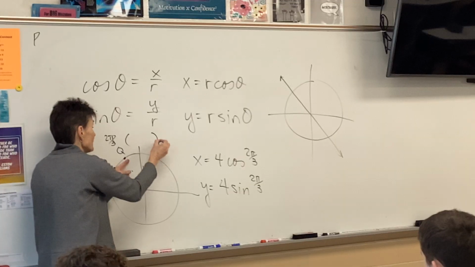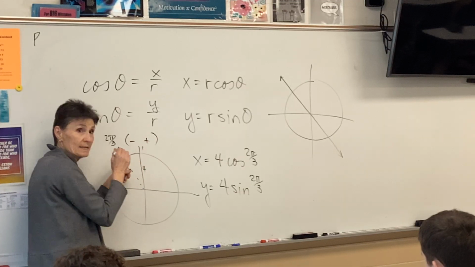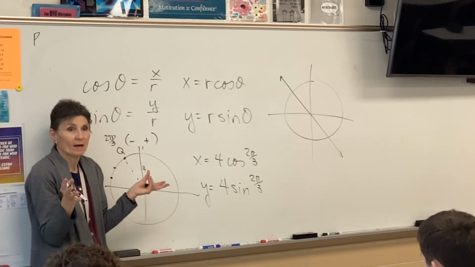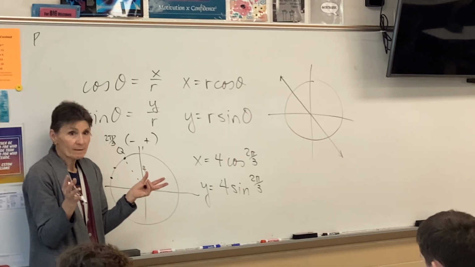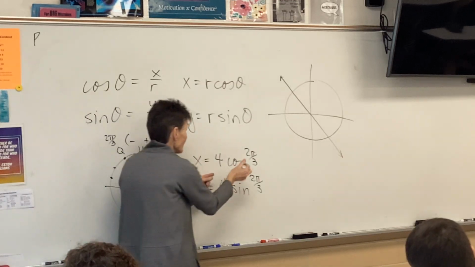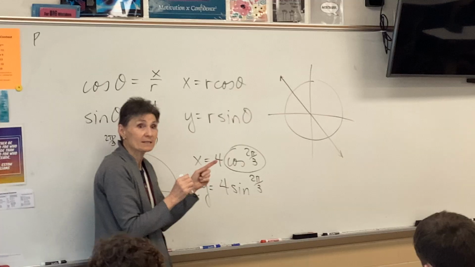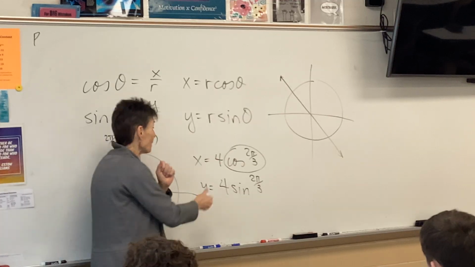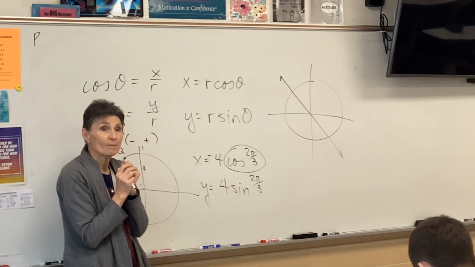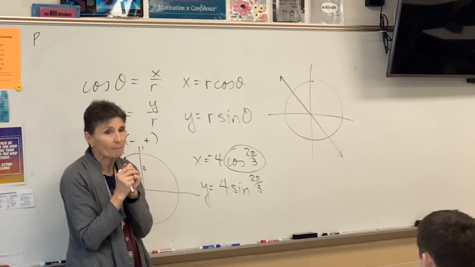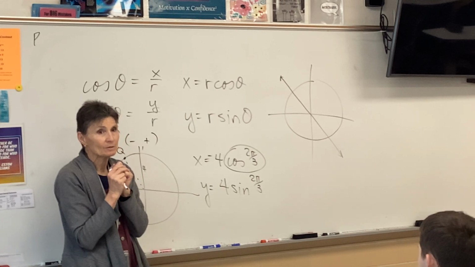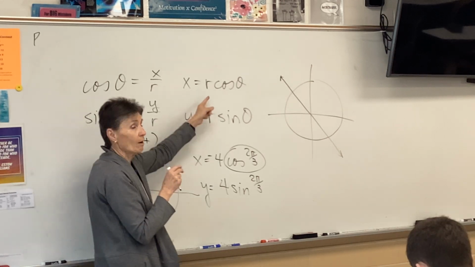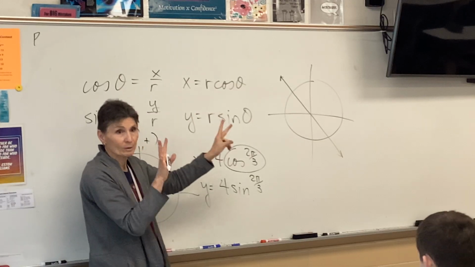The coordinates in this quadrant are negative, positive, by virtue of being in that quadrant, right? So if this is already negative because it's in that quadrant, and I put a negative out here, then it becomes a positive, and it is not positive in that quadrant. You see? So r is r, period.